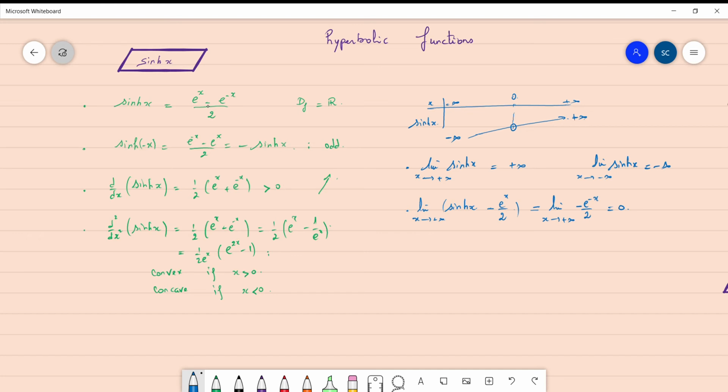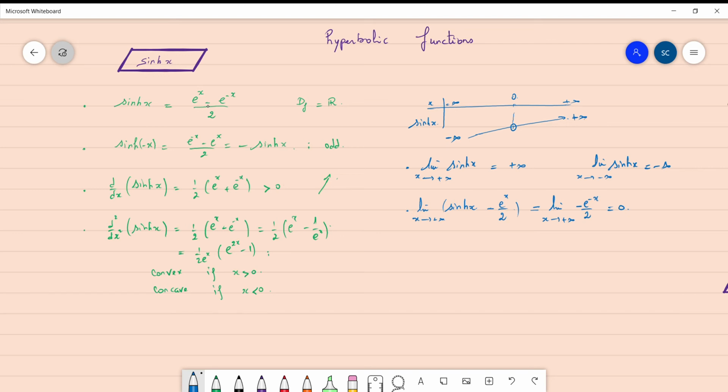So sinh is close to the exponential function, and it is below this function.